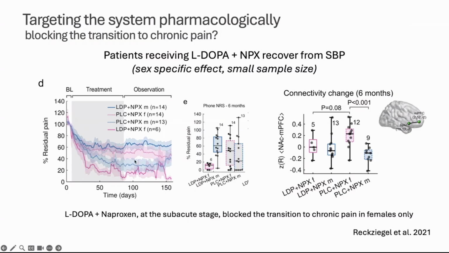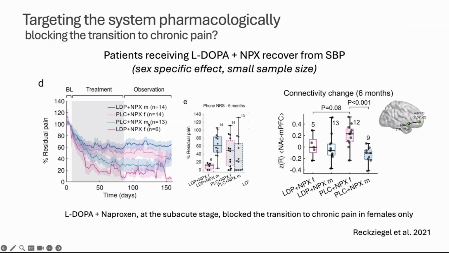So we looked at individuals at the subacute back pain stage, and we treated them either with L-DOPA plus naproxen or placebo and naproxen. And what was found over 1 year was that the females that received L-DOPA plus naproxen showed very little pain 1 year later, as you can see here on this line in pink.